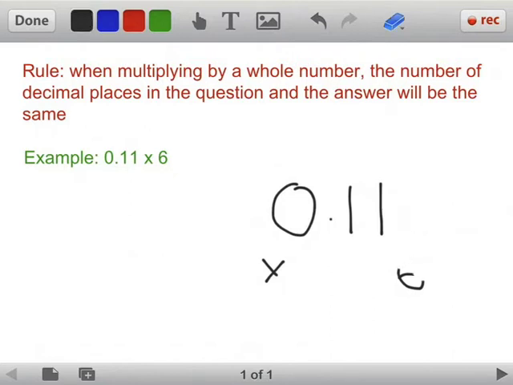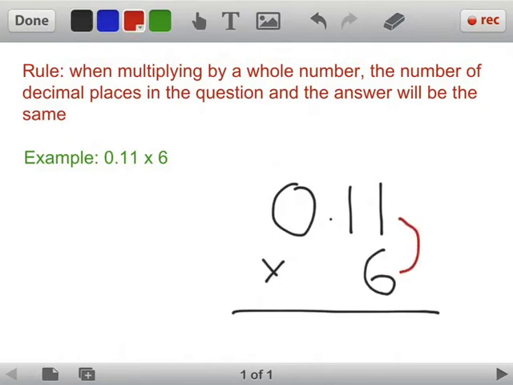So let's go back to our question. 0.11 multiplied by 6. We've got our multiplication sign there. We've got our whole number directly after our last place value. Now it's simply a matter of multiplying. We work from the right hand side over to the left hand side. So first we go 6 multiplied by 1, which is 6.